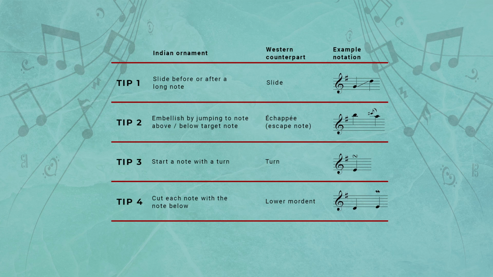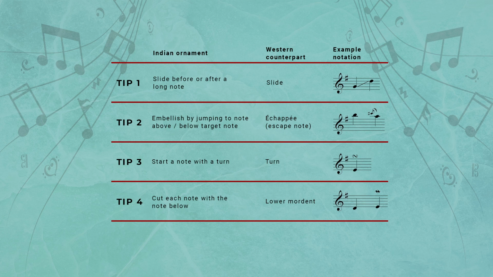We then had the slide, not so much of a Baroque ornament, but very common notation of just a kind of line in between notes. We then had the turn, which is again a very common Baroque ornament with a slight turn-like symbol.